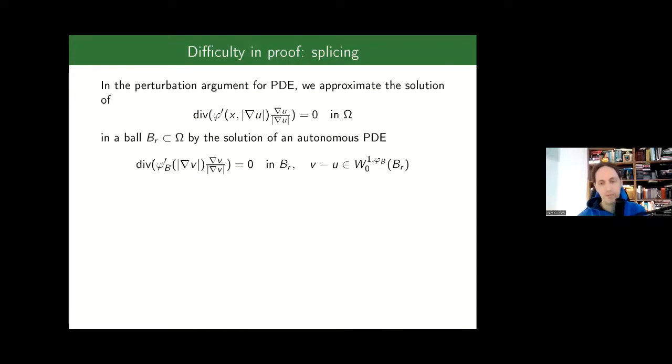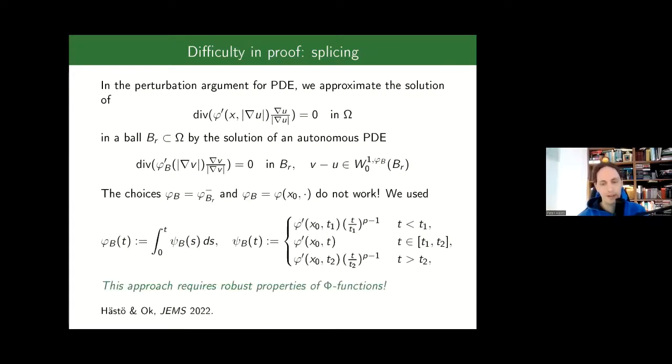And in our paper that I mentioned, we did this kind of choice. So for a medium part, values of t between some bounds t1 and t2, we just take phi from the center of the ball. But then at the edges, near 0 and near infinity, we just take p growth.